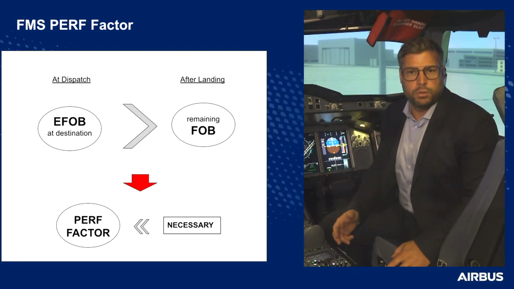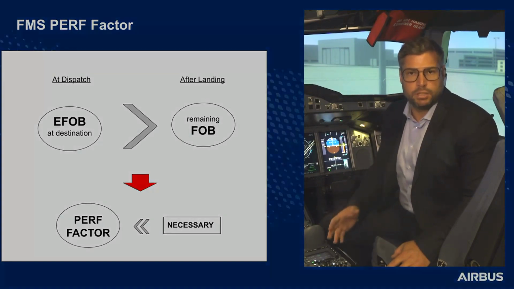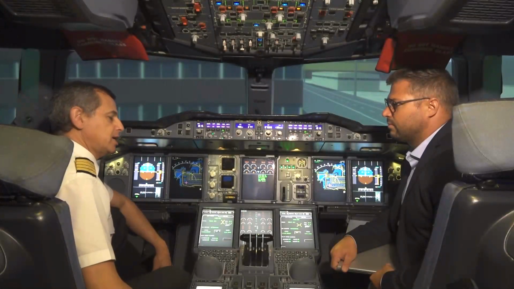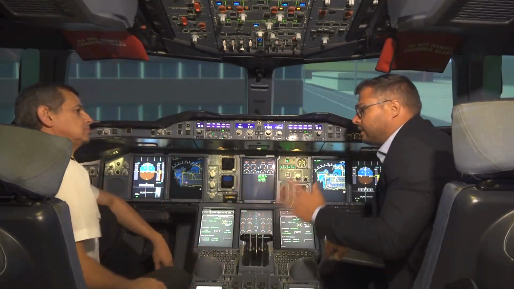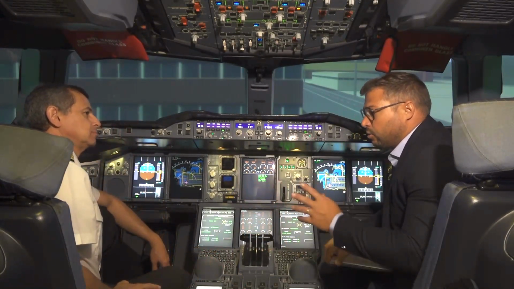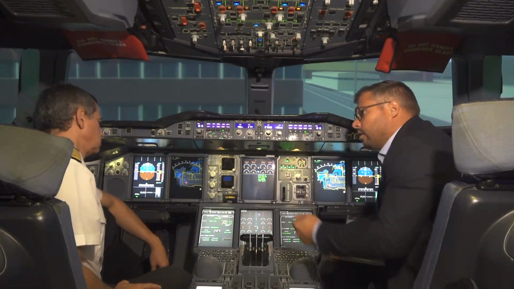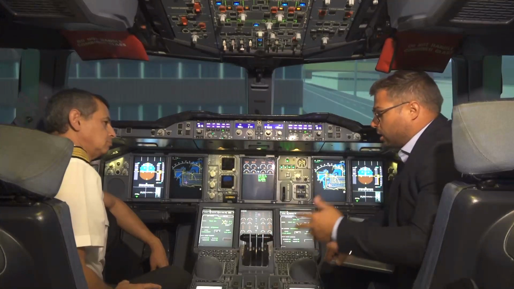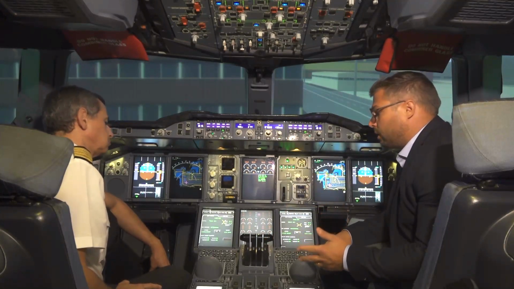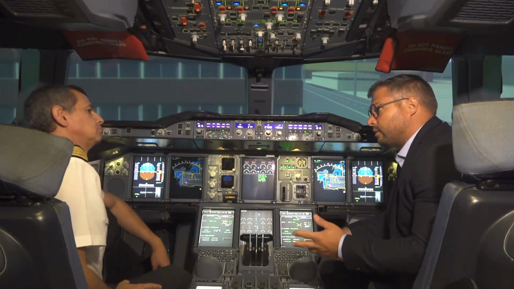From a safety point of view, this means that your fuel reserve is less than you predicted at dispatch. Okay, I can update it then. No. Airbus recommends that it is up to the flight ops department to calculate and insert the FMS PERF factor. However, you as a pilot should report to the flight ops department if you observe this type of difference.